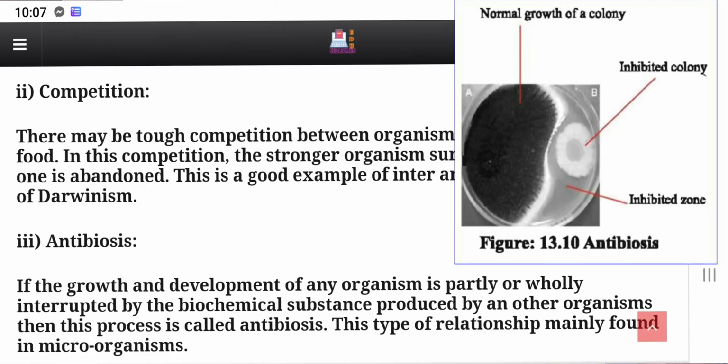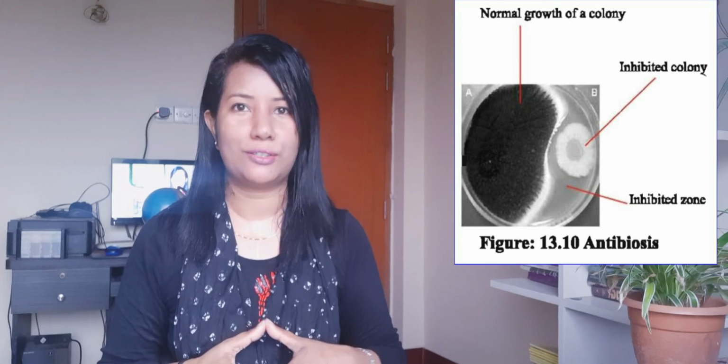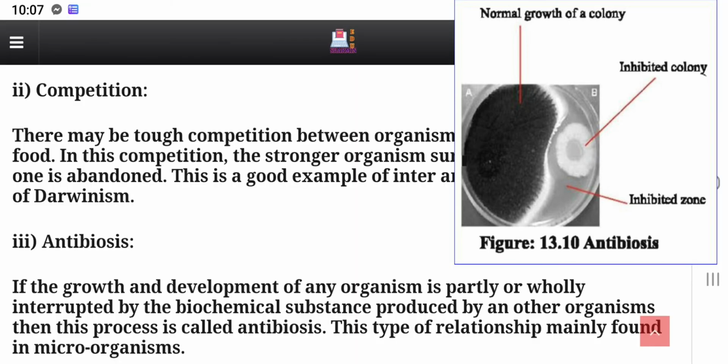And the 3rd negative interaction is antibiosis. Antibiosis I have already given. This is if the growth and development of any organism is partly or wholly interrupted by the biochemical substance produced by another organism, then this process is called antibiosis. This relationship is mainly found in microorganisms.